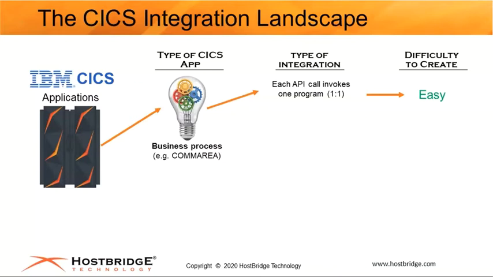Now, under type of integration, what we're really asking is a style issue. Do we want the API to be formed by one program or multiple programs? So when we say type of integration, in this example, each API call invokes one program.